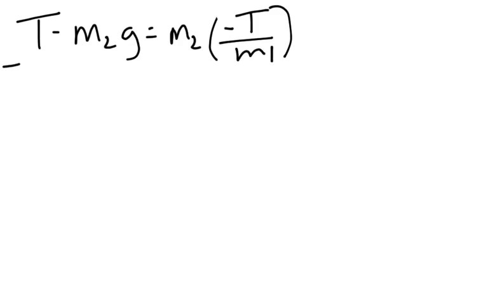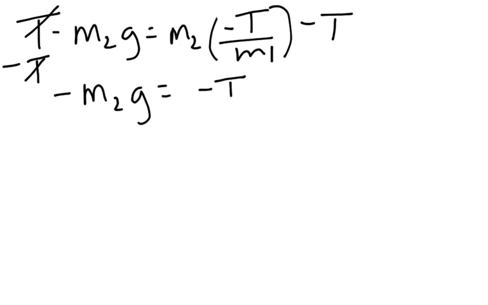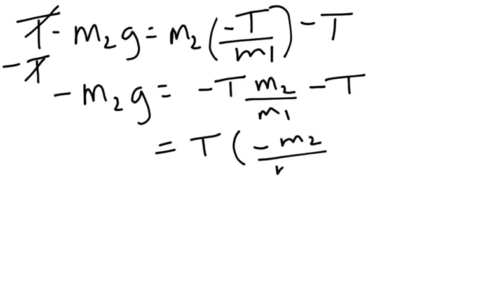First thing I'm going to do is subtract T on both sides. Rewriting this, negative m sub 2g is equal to, let's write this as negative T multiplied by m2 over m1 minus T. I'm going to go ahead and factor out a T. So that's going to give me negative m sub 2 over m1 minus 1.